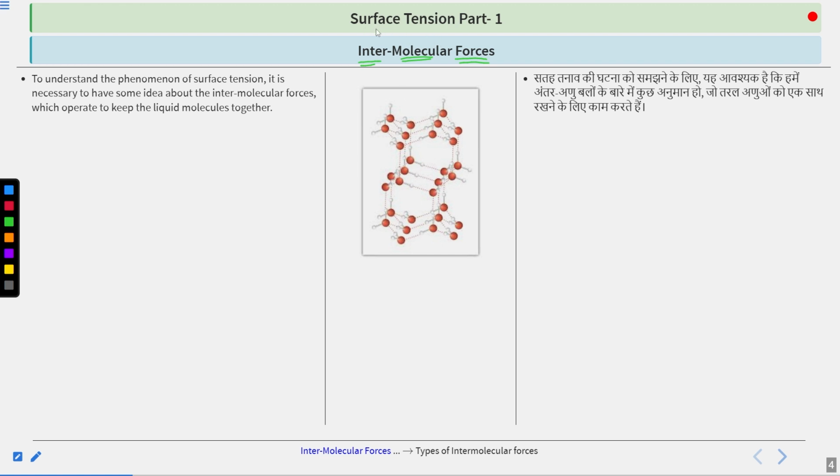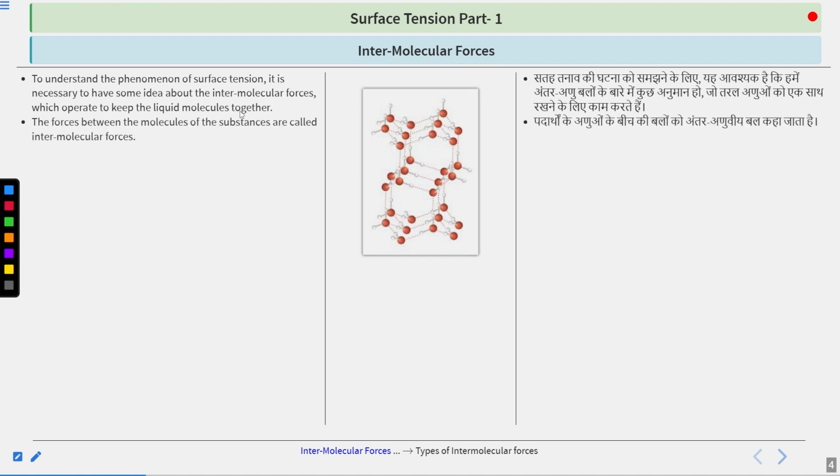I hope you have now understood why this topic needs to be discussed. Without knowledge of intermolecular forces and their action, you would not be able to talk about the phenomenon of surface tension, because surface tension is directly relevant to the intermolecular forces, and these forces operate to keep the liquid molecules together.